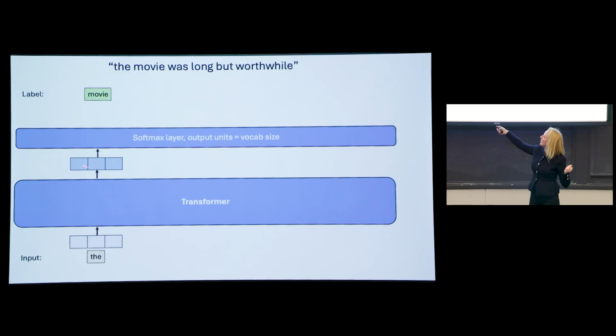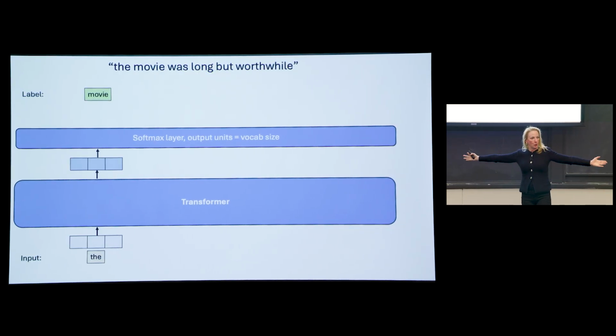We take this vector, it looks like it's only got 3 numbers, but in fact it would be much larger, thousands in a typical transformer, and feed it into a softmax layer, right? So we're just going to take this and transform it into a probability distribution.